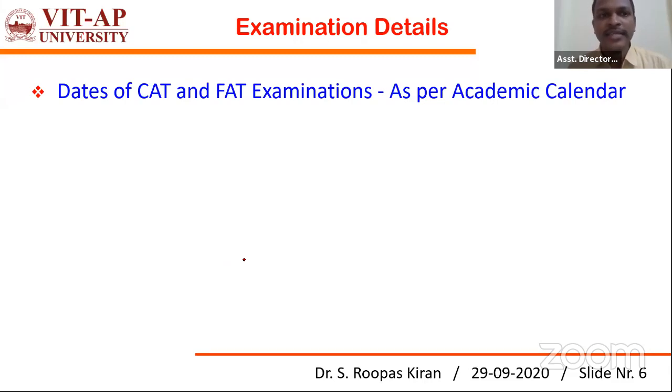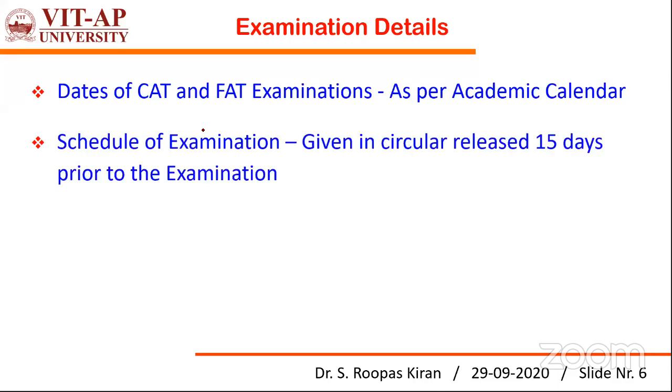It contains the examination dates: from this day to this date the CAT 1 examination, this day to this day CAT 2, this day to this date FAT examinations. So the dates of the examinations will be decided by the Dean Academics and intimated to the students through this academic calendar. And the schedule of the examination will be released by the examination section.